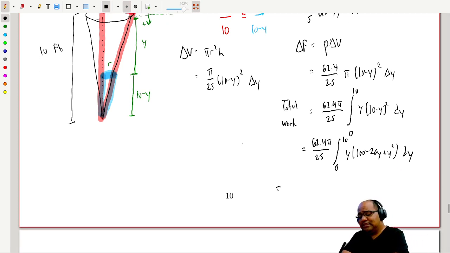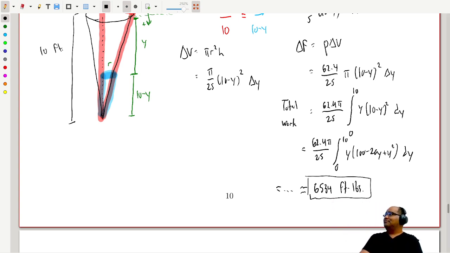And in the end, we'll get a number, 748.8 foot-pounds. Nope, that is the wrong problem I'm looking at there. The correct number that we should have is 6534 foot-pounds. And that is the work required to lift all the water out of the tank. So same setup as before, except now we just have to use similar triangles for cones.